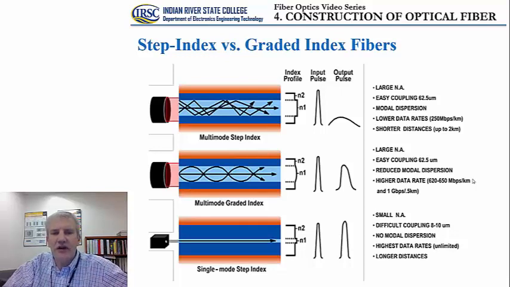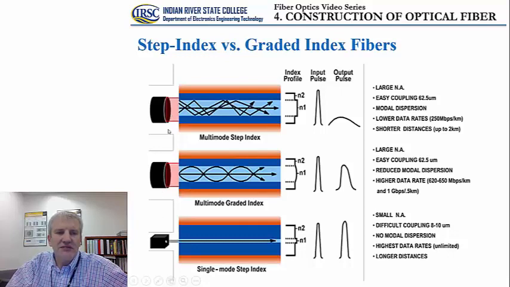The first thing that you can notice is the type of the light source. In the case of multi-mode fiber, either stepped index or graded index, we are using some sort of light source that has a much larger numerical aperture, so it's easier to couple the light into the multi-mode fiber for the simple reason of its core being much larger, much thicker than the radius of the core in the case of a single mode stepped index.